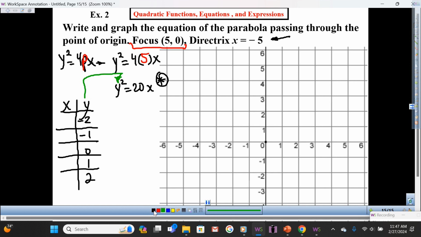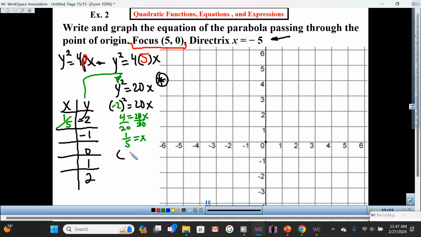All right? So, parentheses squared equals 20x. My first value is -2. Martin, -2 squared equals 20x, and then divide by 20. Simplify, x equals 1/5. That is correct, 1/5.